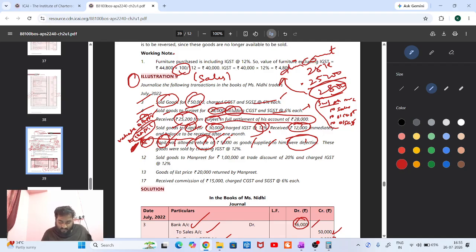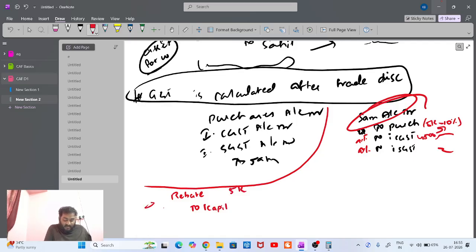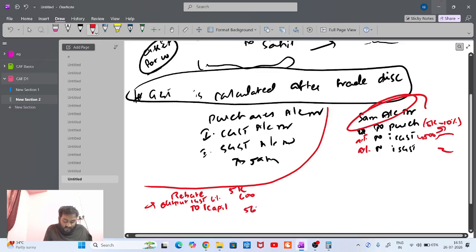Let me tell you, wait, the entry of rebate to Kapil, right? This is the journal entry. Rebate amount 5,000. So here output IGST comes at a percentage of 6%, 600, 5,600. This is the journal entry.